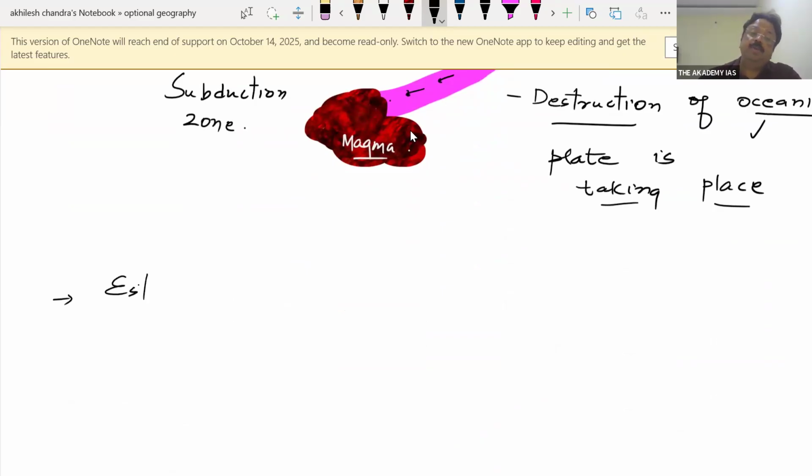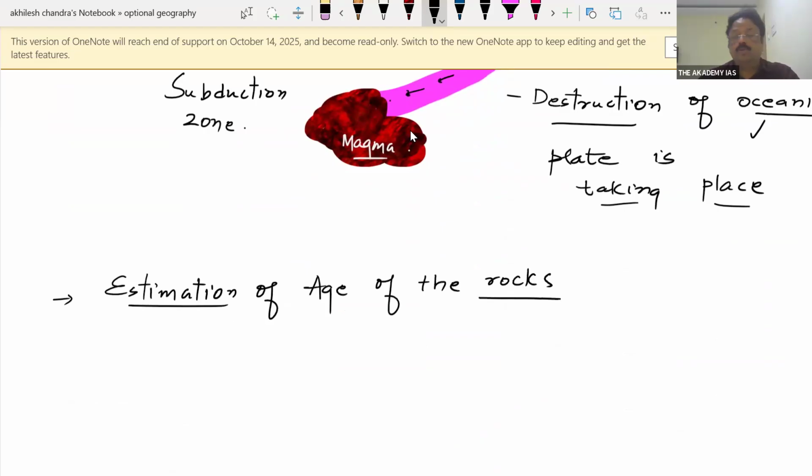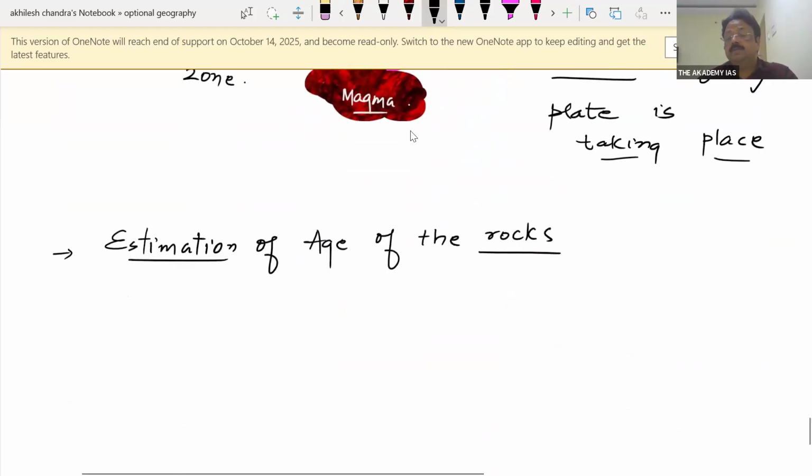Estimation of the age of the rock was done. Rocks' ages were determined using radioactive uranium dating.